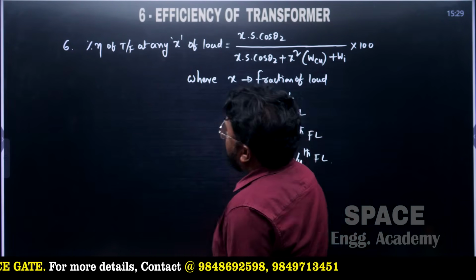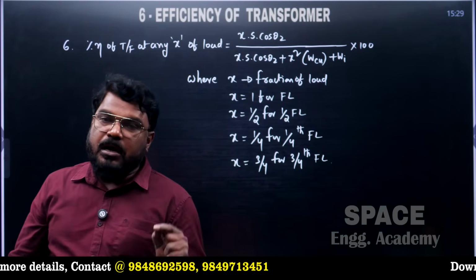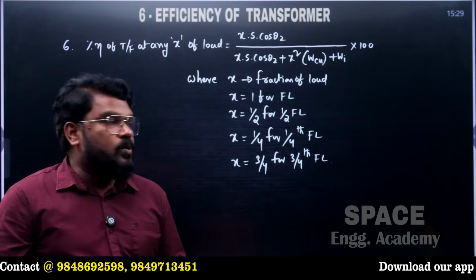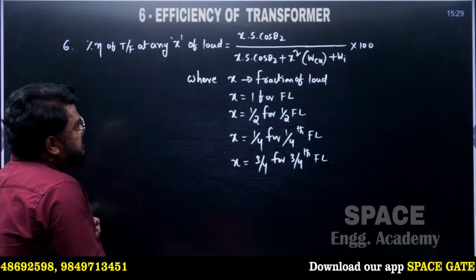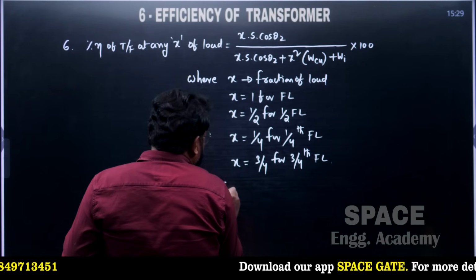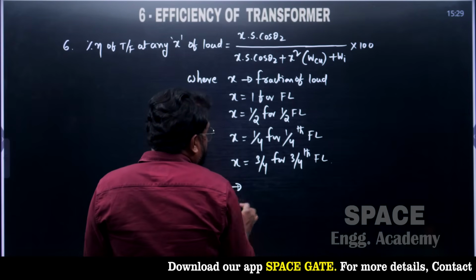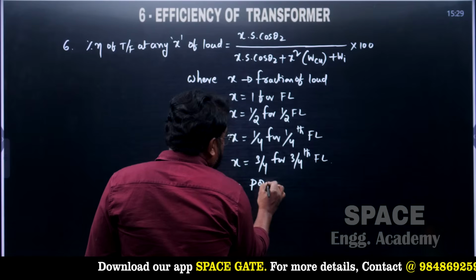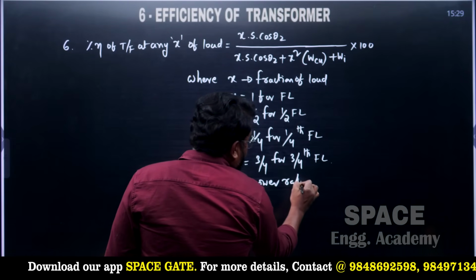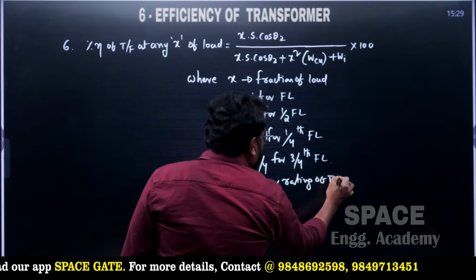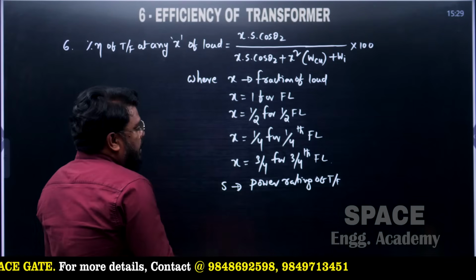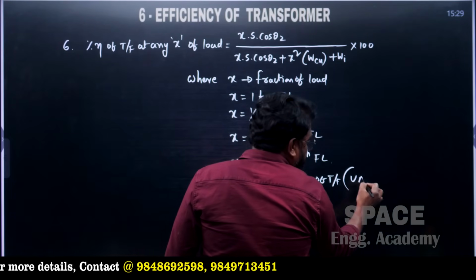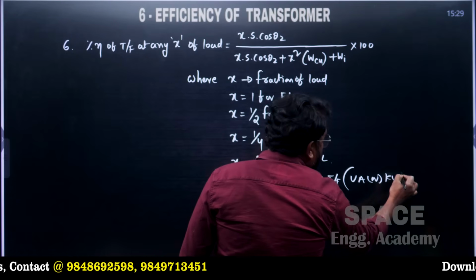This is the percentage efficiency of the transformer at any x of the load. Next, what is meant by S here: S is the power rating of the transformer, and it is in volt amperes or kilovolt amperes.